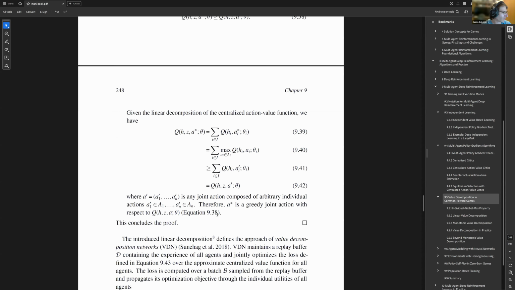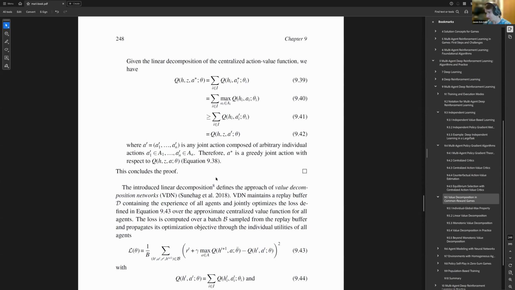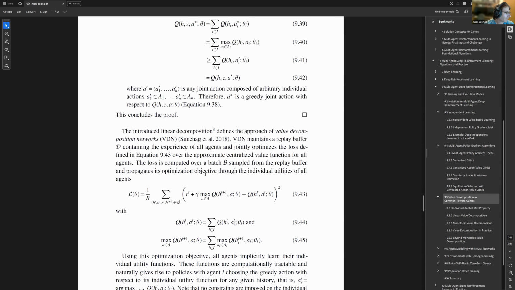So now the question is, how do we learn a decomposition like this? There is a technique called value decomposition networks. Again, it's a gradient technique, because here we're talking about learning functions with parameters where we do gradient updates, and we have a loss function.